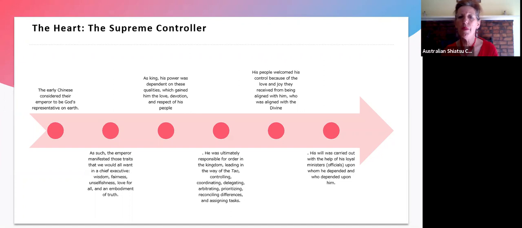And people welcome that because of the love and the joy they receive from being aligned with the heart, which was aligned with the divine. And so therefore in that, the will was carried out with the help of all the 12 organs, which are seen as the assistants, the ministers, the officials, which worked in cohorts with the emperor.